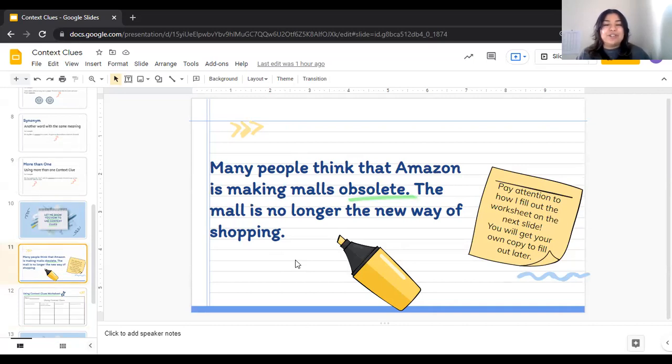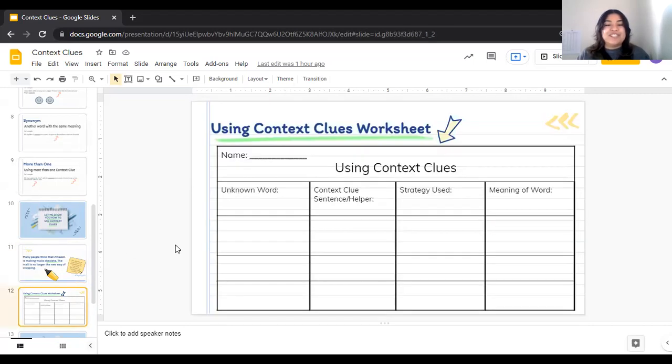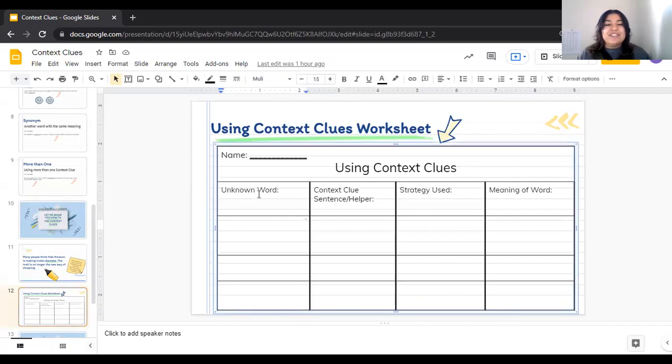The mall is no longer the new way of shopping. So on my piece of paper, and you guys will get a printed version of this, right here in this column that says unknown word, I am going to write down obsolete, because that is the unknown word.